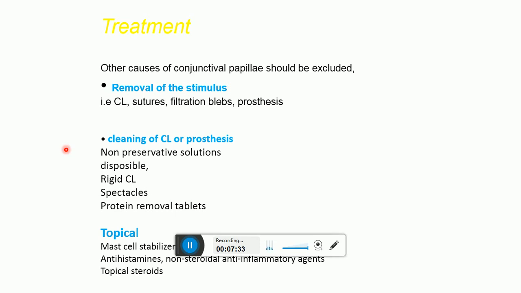There are also antihistamines and NSAIDs, and combined antihistamine and mast cell stabilizers, and topical steroids for the acute phase of resistant cases, those where effective removal of the stimulus is difficult, and bleb related tissue. So this was all about giant papillary conjunctivitis, mechanically induced papillary conjunctivitis.